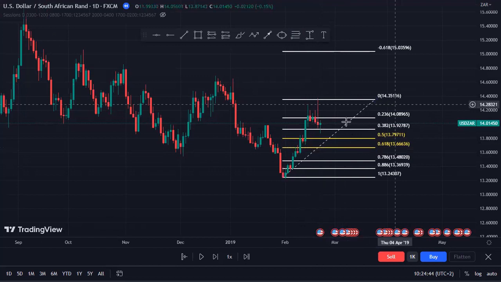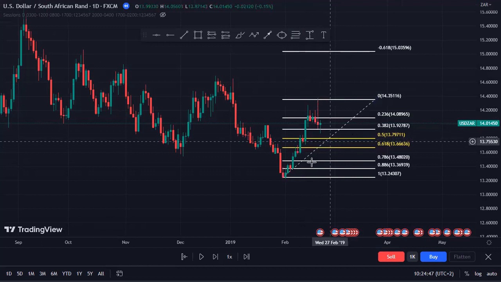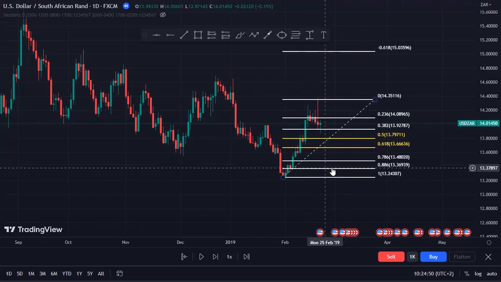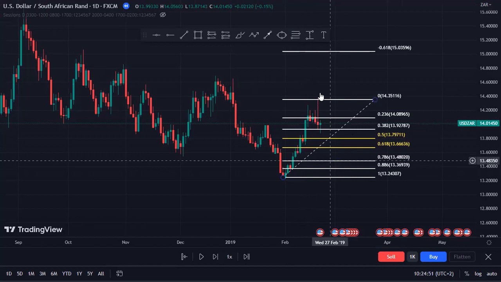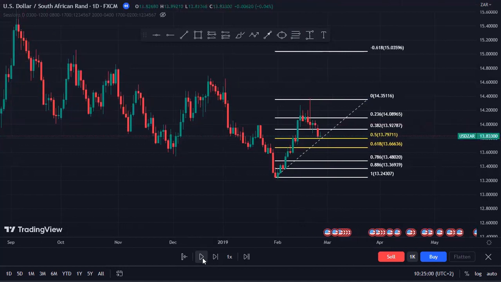The third step was to wait for pullback to our golden zone, which is right here, or our 0.786 zone, which is right here. So let's see how price plays out. Okay, as you can see right here, price has touched our golden zone.